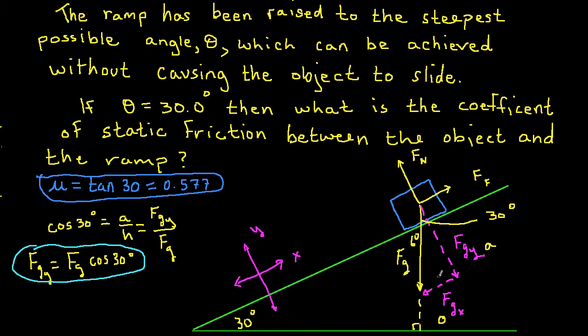Okay, label your sides. This here is the opposite. So if we're interested in Fgx, we're going to go sine of 30 degrees is equal to opposite over hypotenuse, so that is Fgx over Fg, and then if we want to solve for Fgx, we're going to multiply both sides by Fg, and we come out with Fgx equals Fg times the sine of 30 degrees.